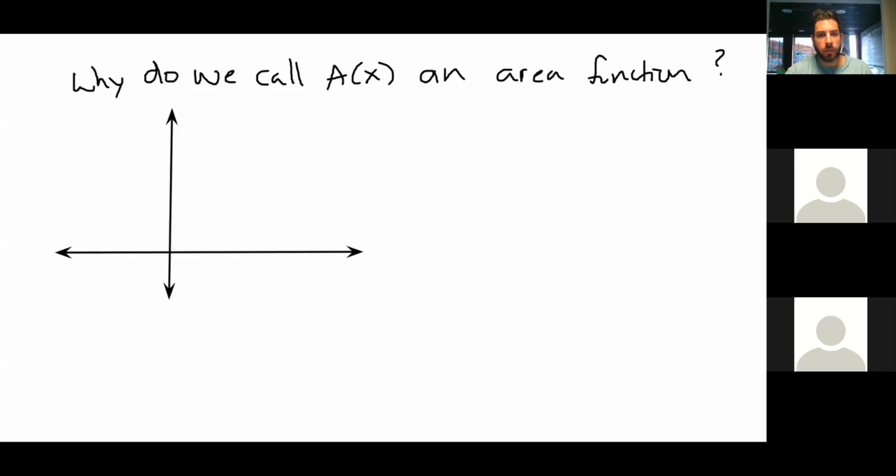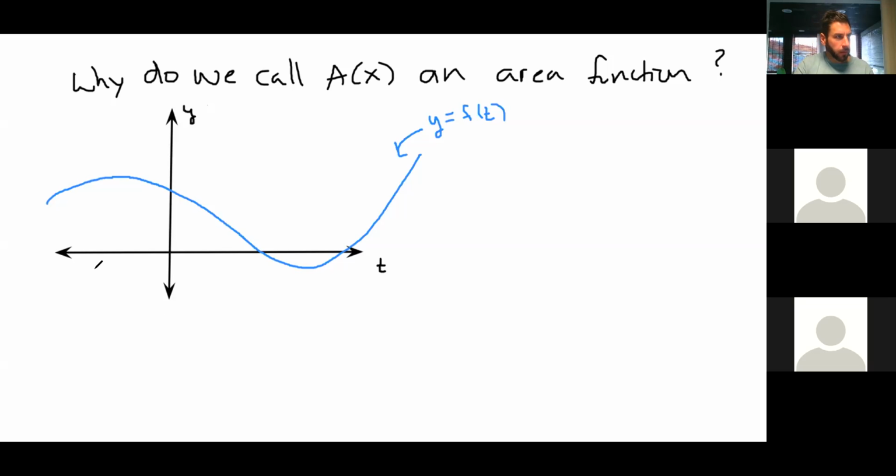So if I just draw some arbitrary function, so suppose this is my function y equals f of t. So that means my horizontal axis would be the t-axis. This vertical axis is my y-axis. Let's say this is the starting point a, and let's say this is x.